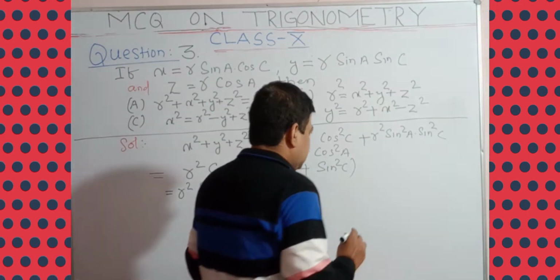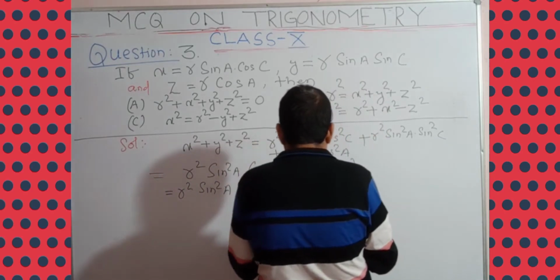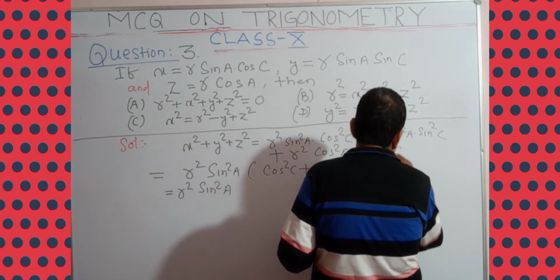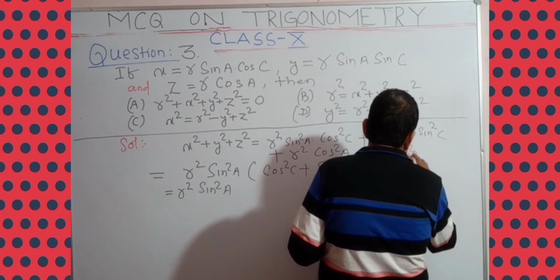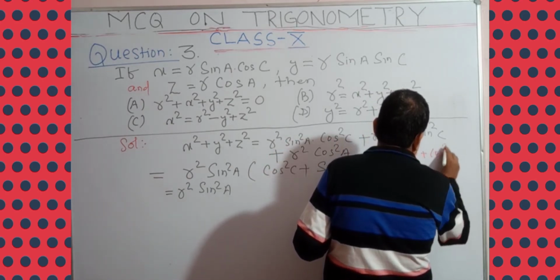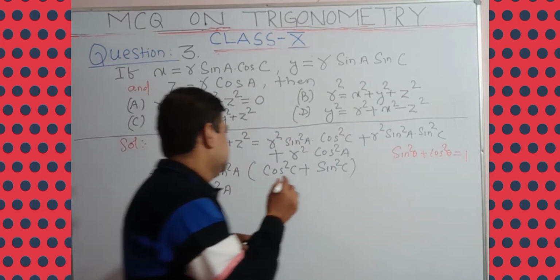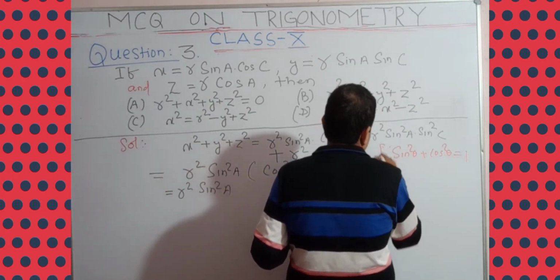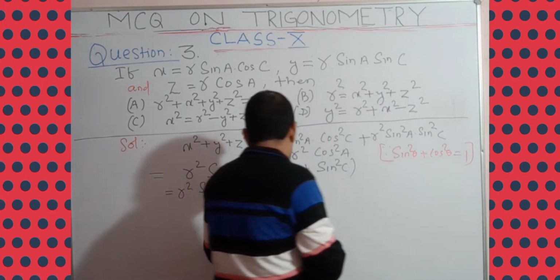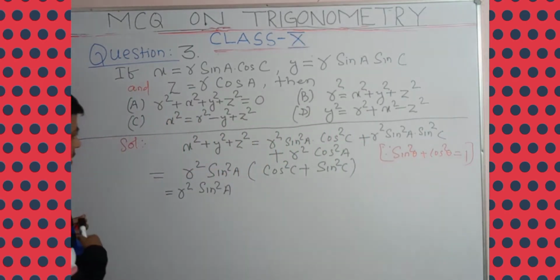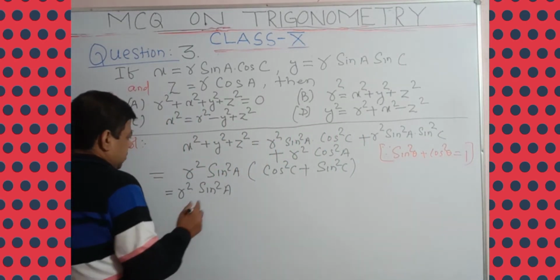Yes or no? What is the formula? Value is 1. Yes or no? So in place of cos square c plus sin square c we can write 1.